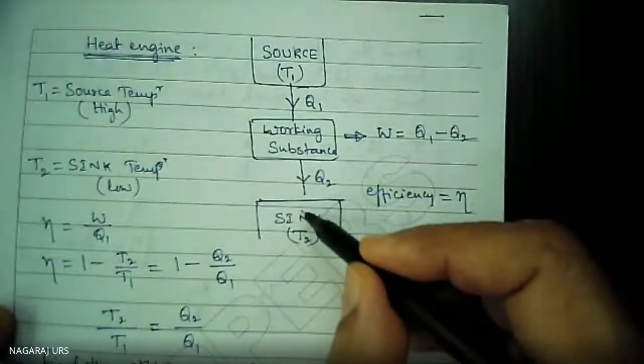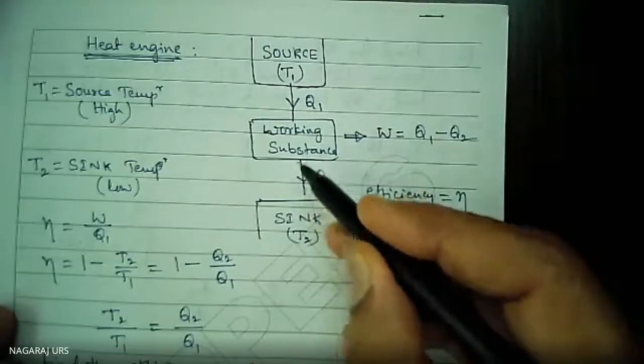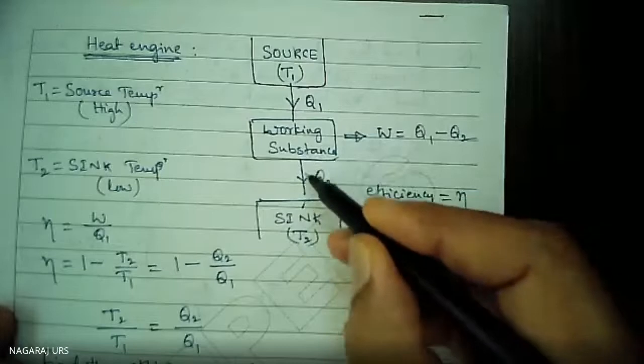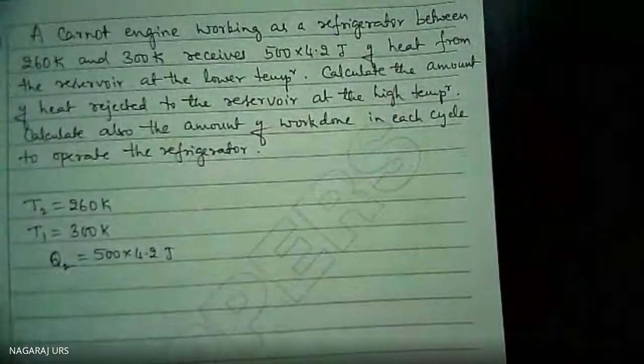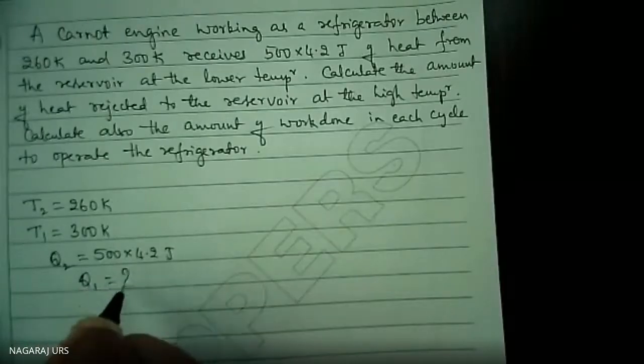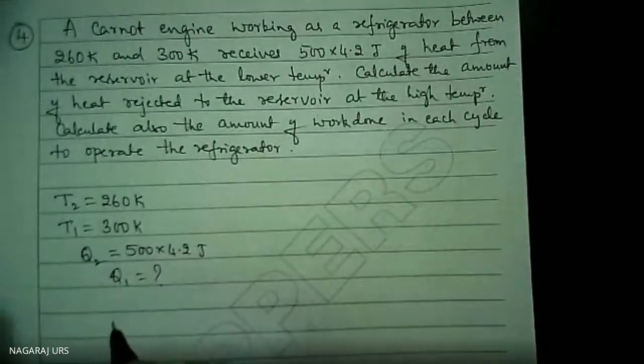Heat will be flowing from the reservoir, so it receives the heat from the reservoir. That is Q2. And what is to be determined? Q1. The remaining one is Q1.